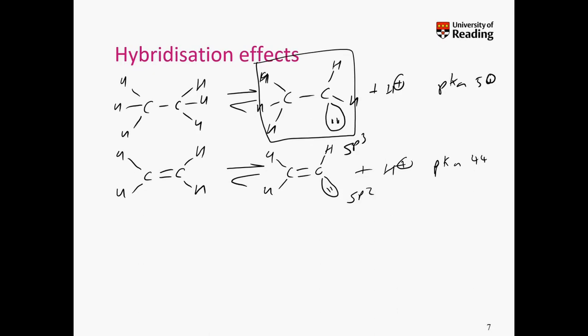So the shape of that orbital means that it is closer to the nucleus, which is positively charged, and so the negative charge of that extra electron is stabilized by the positive nature in the center of the atom. By being closer in that orbital, it can help to stabilize it.